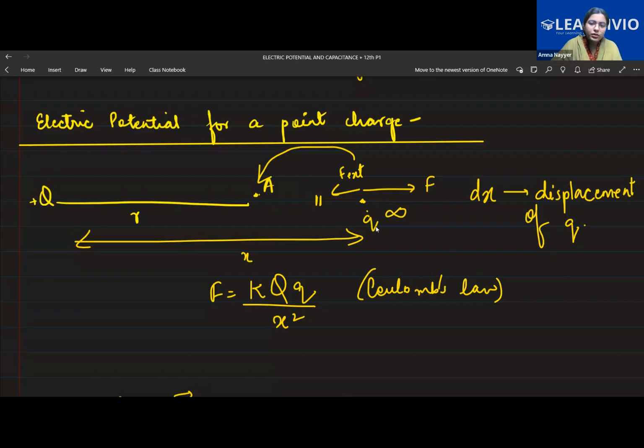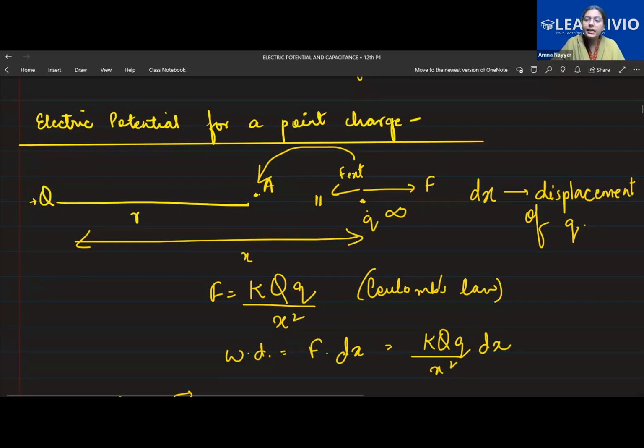Since we have force, since we have displacement, and we studied also that potential is entirely based on work done, when you combine this, work done will be simply F dot dx, which will be K capital Q small q by x square dx. Now, how will we get the value of work done?